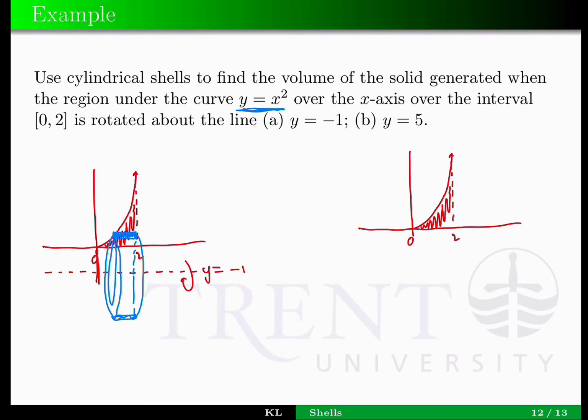So we have to change this because the variable should be x in terms of y. So this will be x equals square root of y. Take note that we are only considering the interval 0, comma 2. So the values of x are positive only. That's why we only have this square root of y. If we were considering a negative interval, then you will need negative square root of y as well.